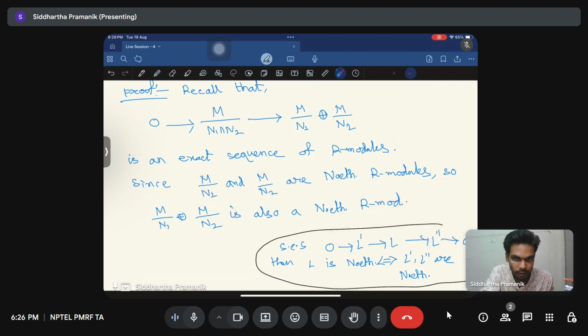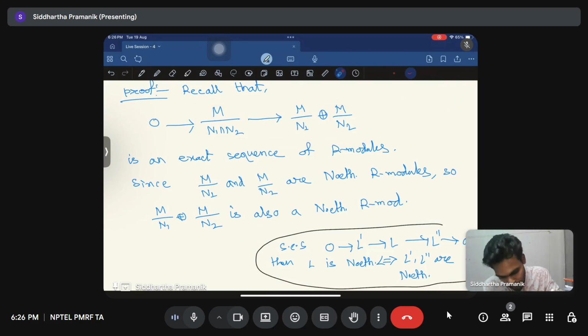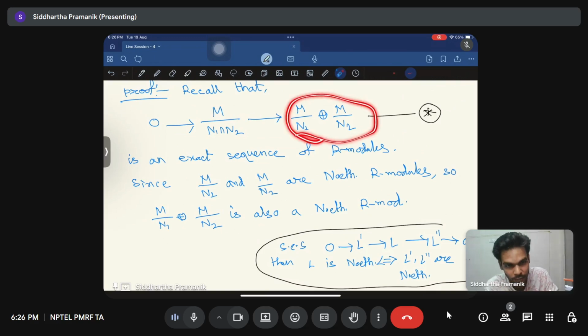So that will be a short exact sequence. And also we have an exact sequence like this. Let's call it star. From star, since this module is Noetherian, and every submodule of a Noetherian module is also Noetherian, this has to be Noetherian.